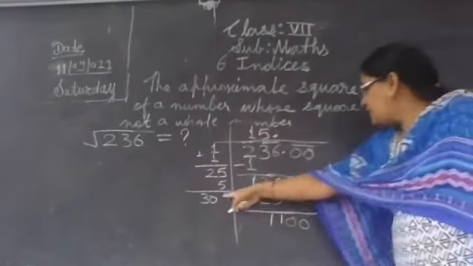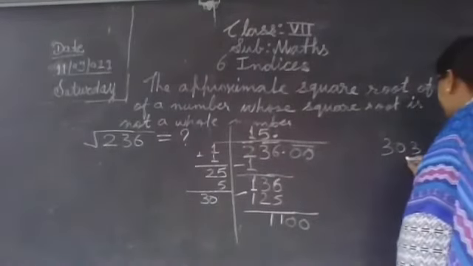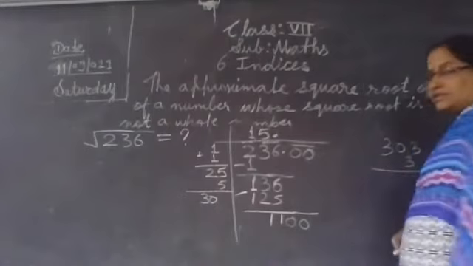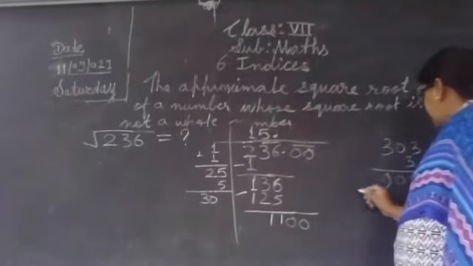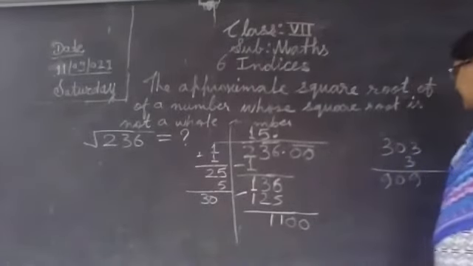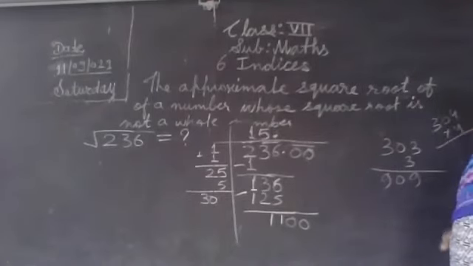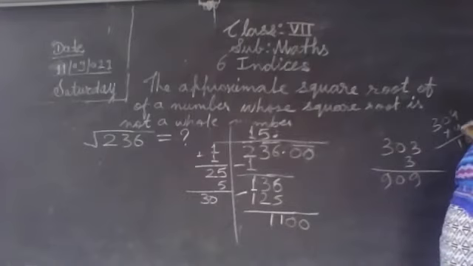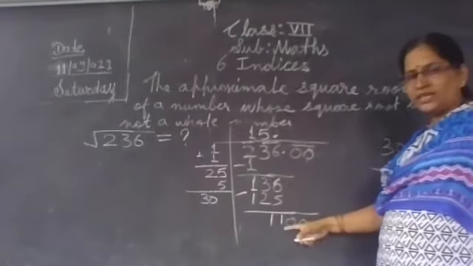So 30, here I am writing 3 and I will multiply the same new number, 3 3s are 9, 0, 9. Yes. So it is 1100 and it is 900. So if you write 4 and multiply with this number, 4 4s are 16. So if you multiply it by 4, you will get 1216, which is greater than this.